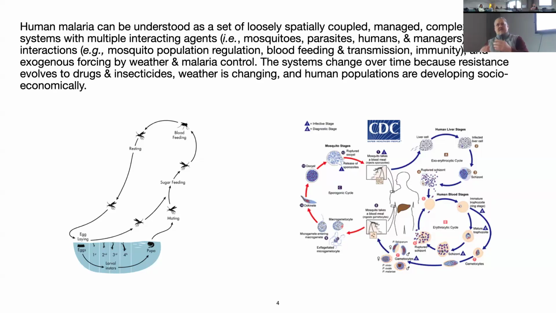At some stage, some of the parasites in that asexual cycle make a commitment to become either male or female micro or macro gametocytes, and they get taken up in blood, mate in the mosquito, and it all goes around and around. So the events that we're going to focus on are these blood feeding events and blood feeding behavior, where it's the blood meal that infects the mosquito and the bite that infects humans.